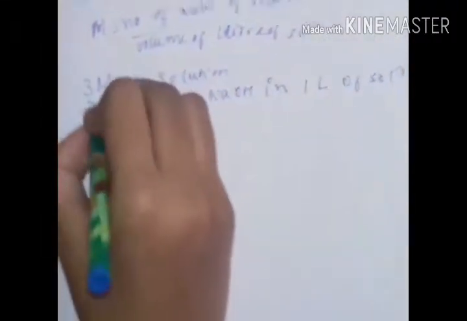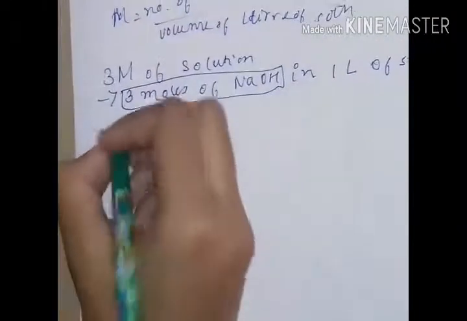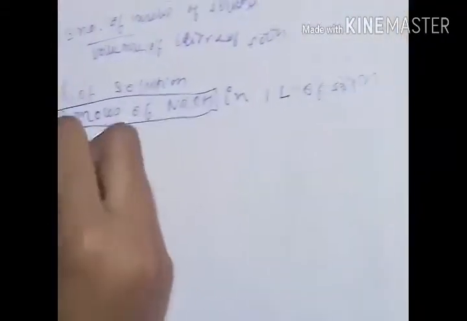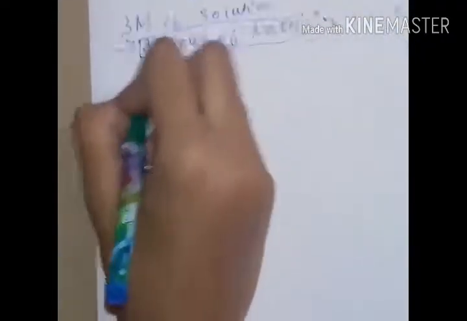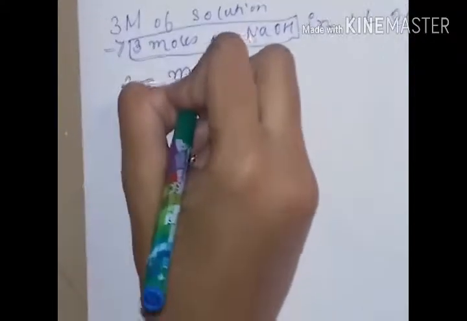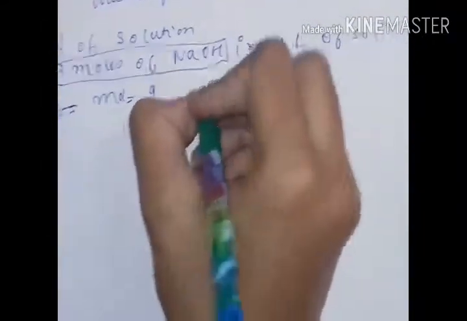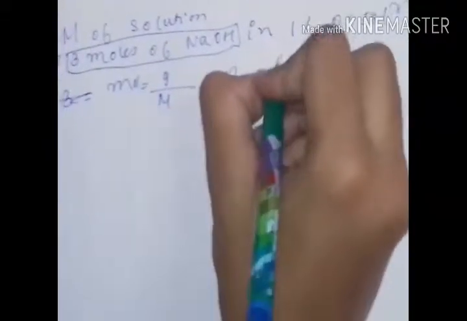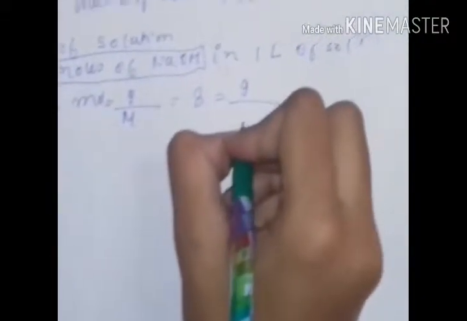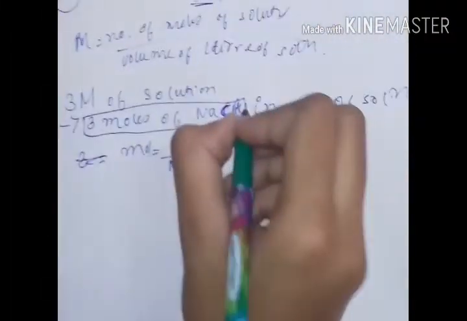So we can find, for 3 moles of NaOH, the mass of the NaOH. We know the formula, mole is equal to given mass by molar mass. Given mass we don't know, molar mass we know. How much is molar mass? NaCl.